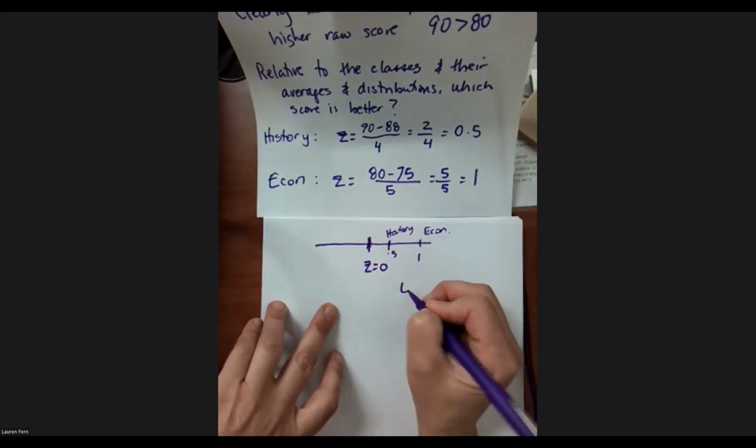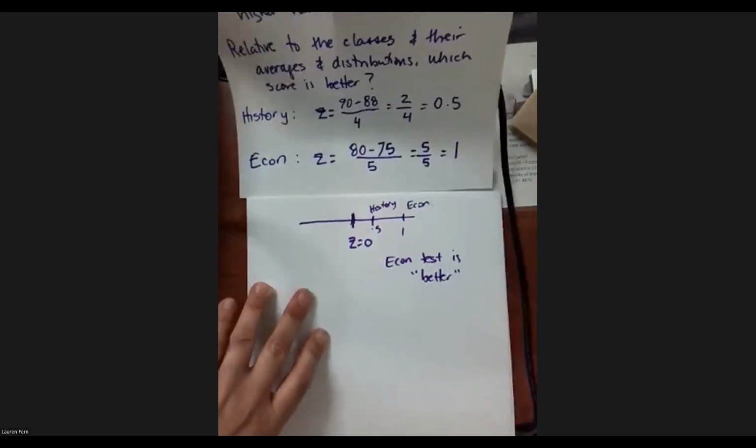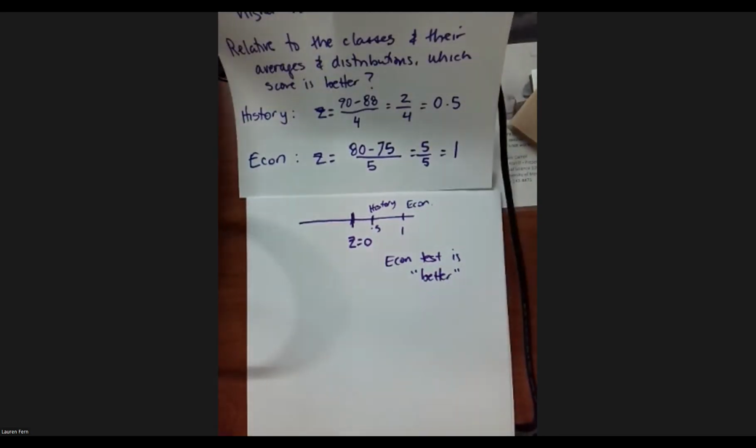So I claim that the econ test is quote unquote better. You with me there? So do you see how we essentially put those on the same scale to measure?